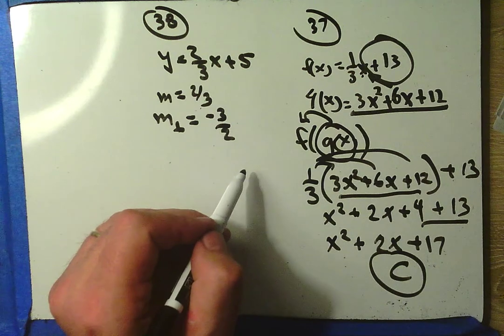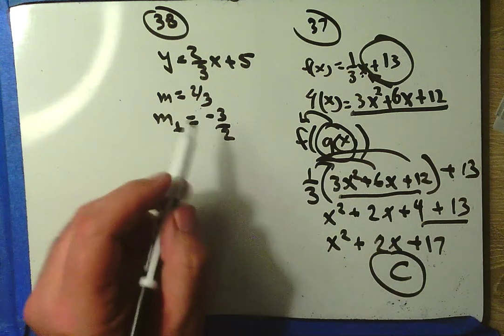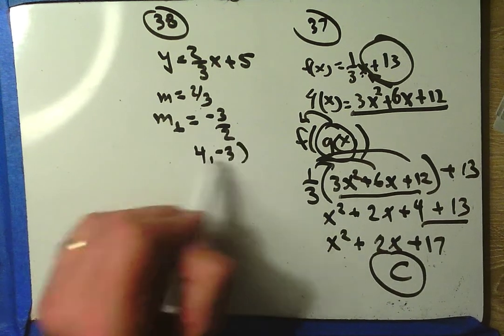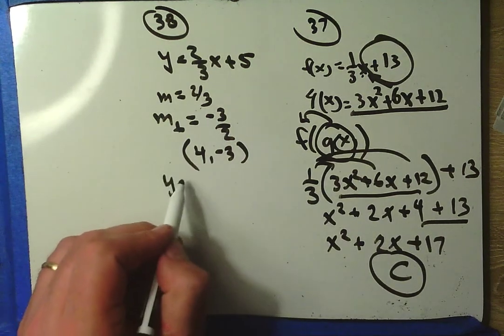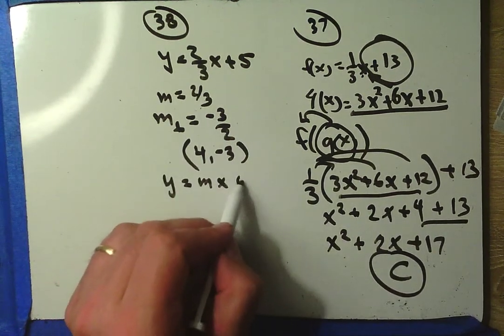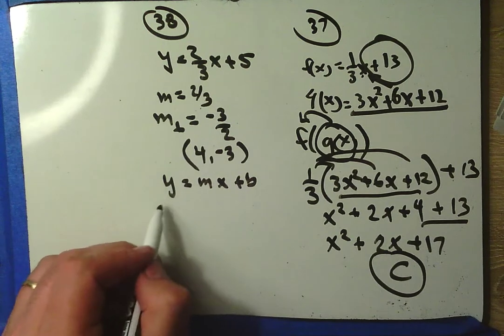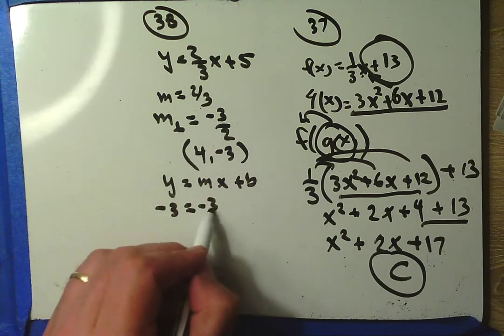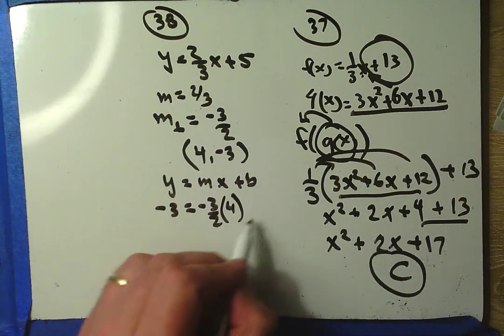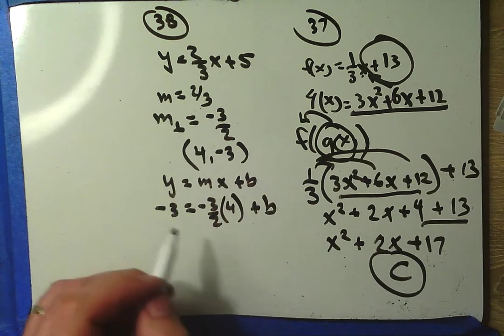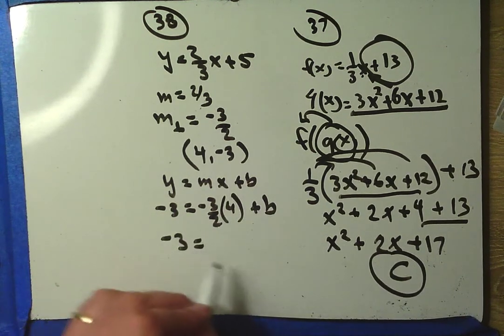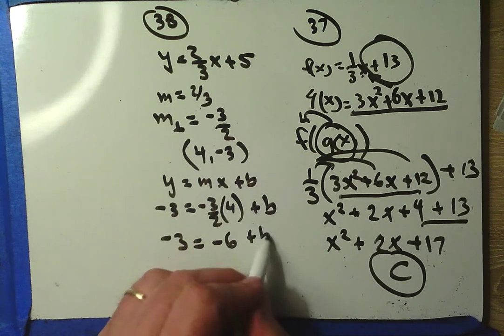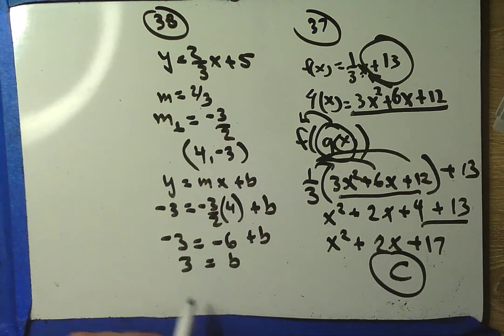Now we want the perpendicular line that contains 4, -3. So y equals mx plus b. Let's plug in our -3, our -3/2, our 4, and solve for b. So I get -3 equals -6 plus b, or b equals 3.